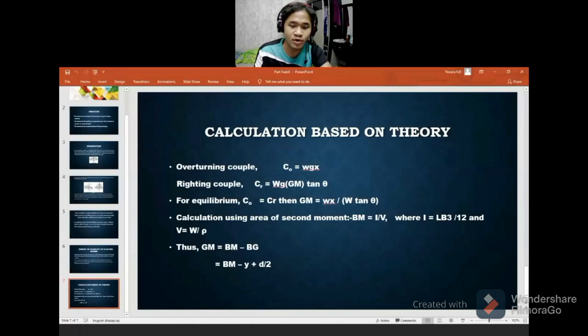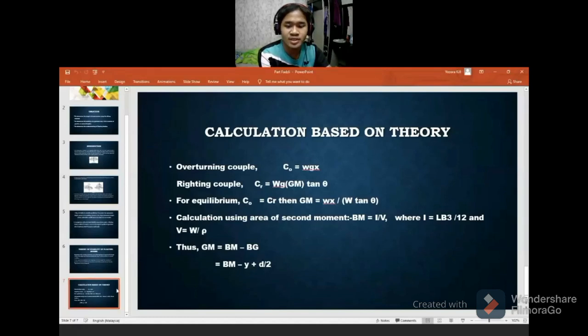Capital W stands for the total mass of the pontoon with vertical height. GM is the height of the metacenter. The third one is for equilibrium, C naught equal to CR, then GM equal to w x over W tan theta.